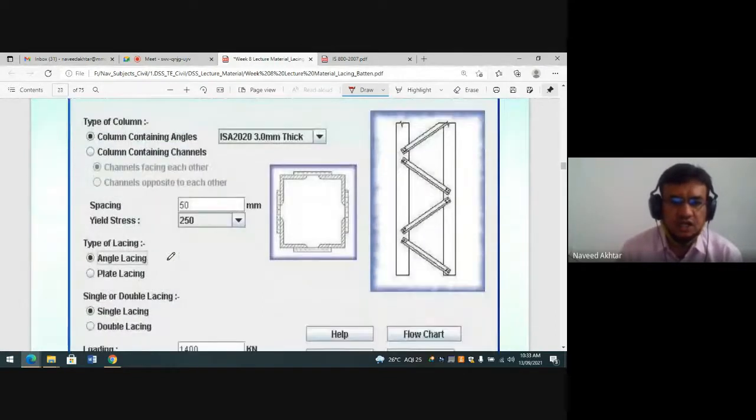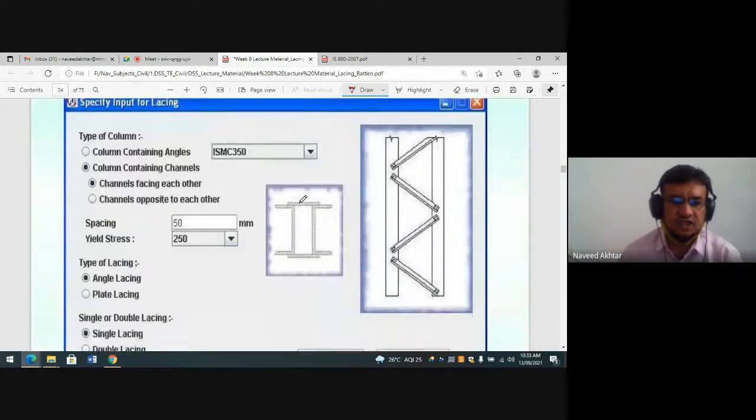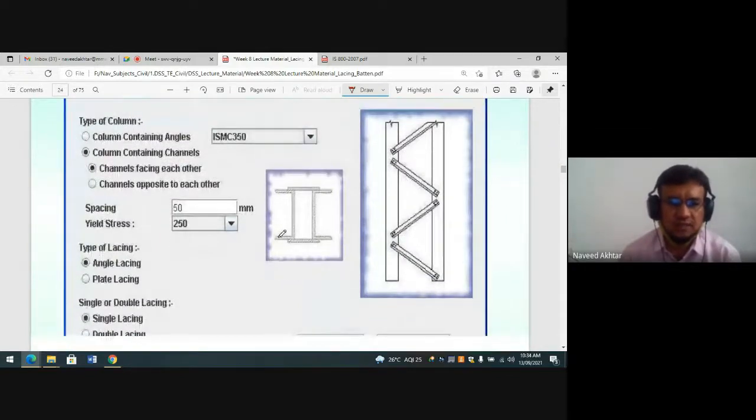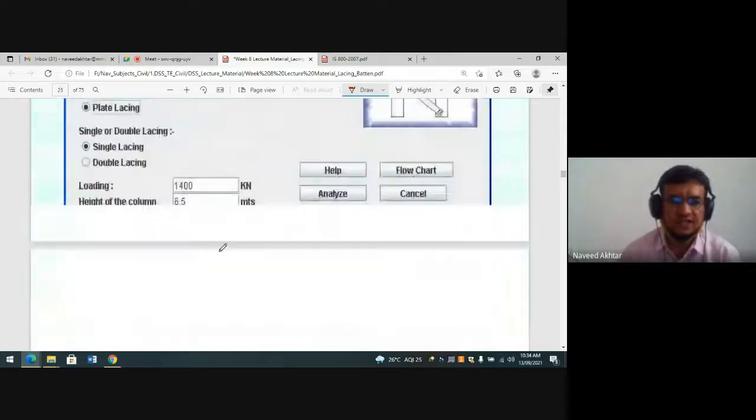This is the explanation of how to design using programming. Select the angle. The 4 angle section is given with two lacing bars, back to back, face to face lacing system.